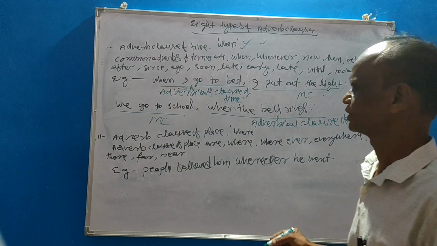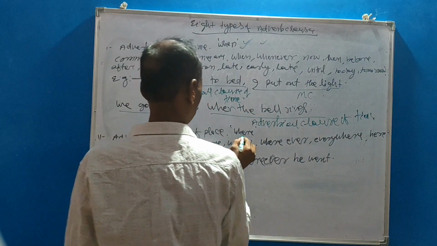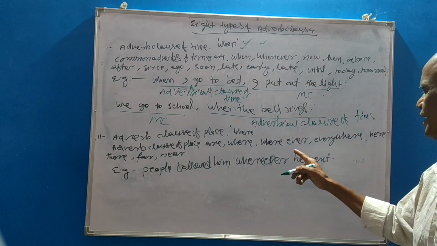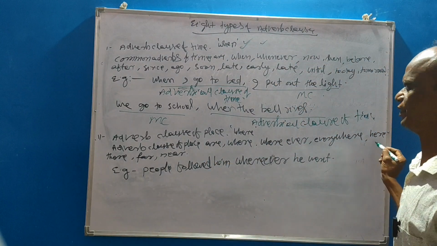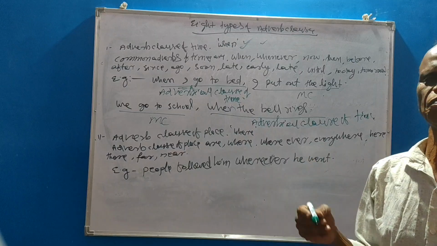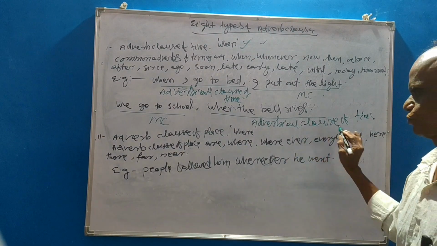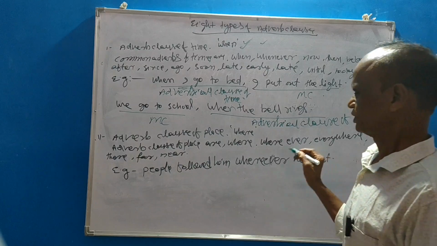Okay. Next, adverb clause of place. Adverbs of place are where, wherever, everywhere, here, there, far, near, else. Examples.